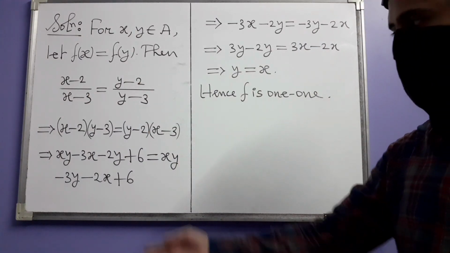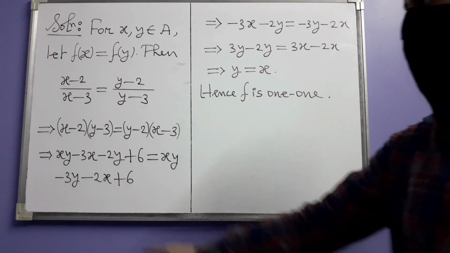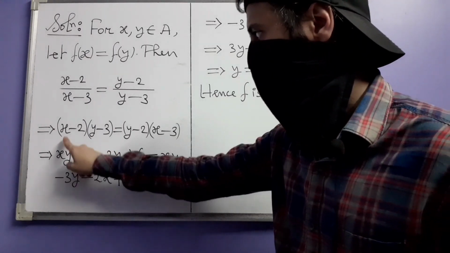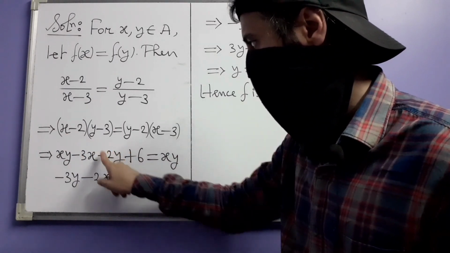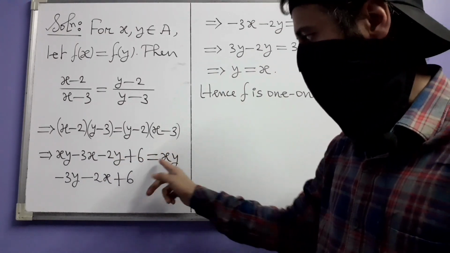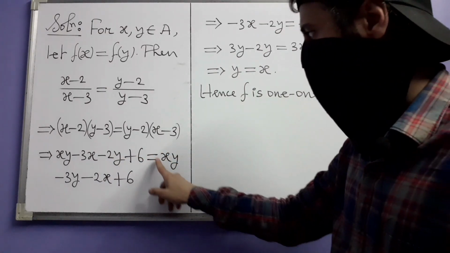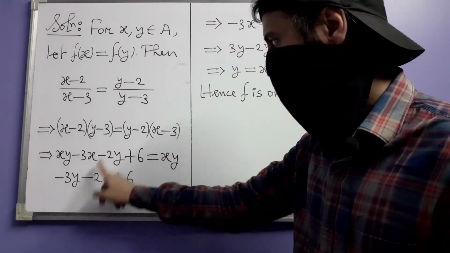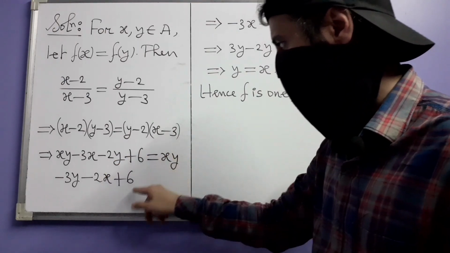And then what happens? We do the multiplication. xy minus 3x minus 2y plus 6, that is equal to yx, that also I have written as xy, minus 3y minus 2x plus 6.